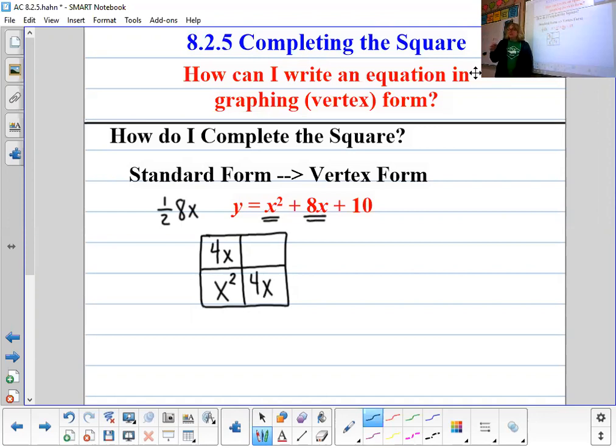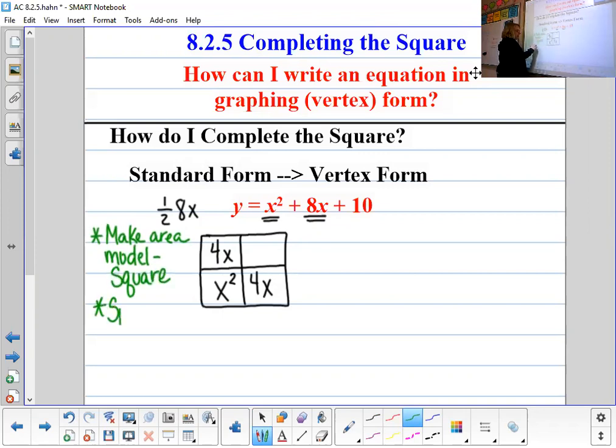I like to annotate my notes so that when I look back at it later, I know what I did. So let's talk about what we just did here. Make an area model, and make sure you make it into a square.